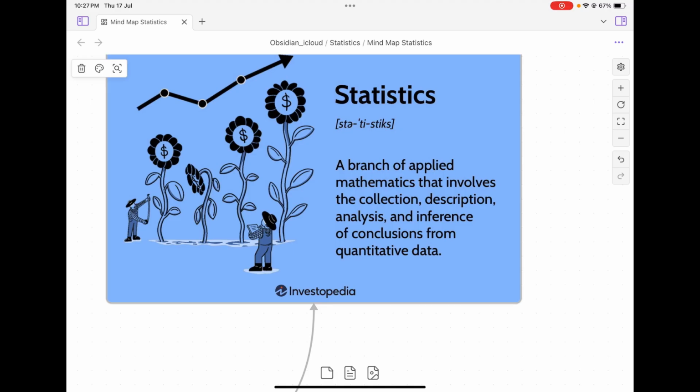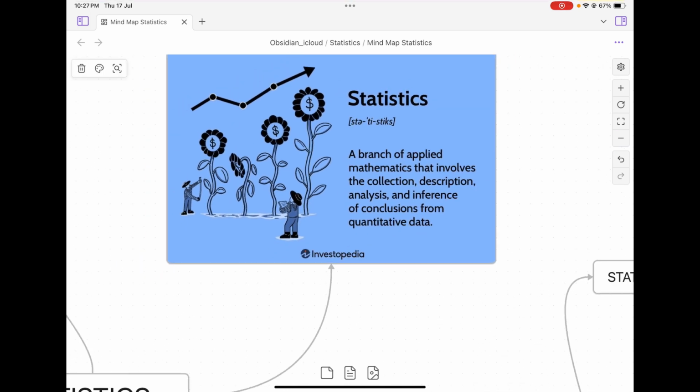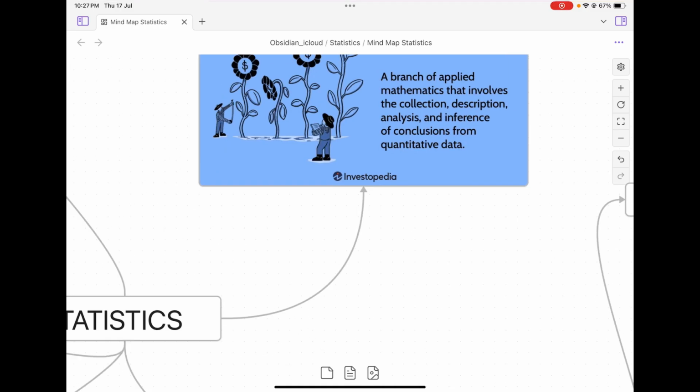Once you have data, you need to collect it, you can analyze it, you can make a summary of the data, and you can also make some inferences. So this is all about statistics. Based on this process, you can classify statistics into two types, descriptive and inferential statistics.